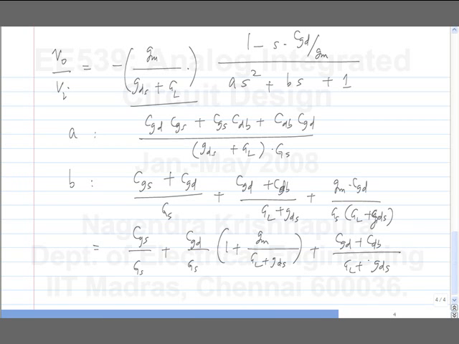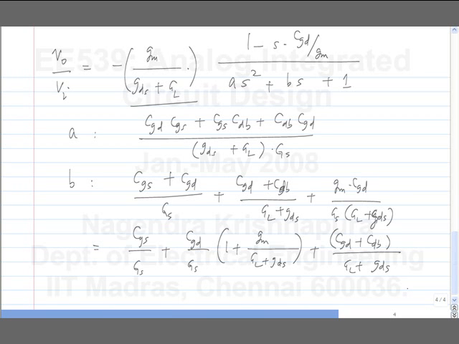Just verify if this term, you also get CDB here? CDB by GL plus GDS or only CGD? It's correct. Okay.